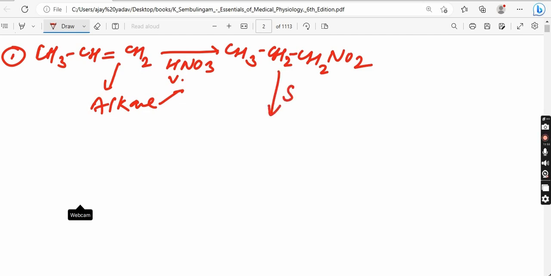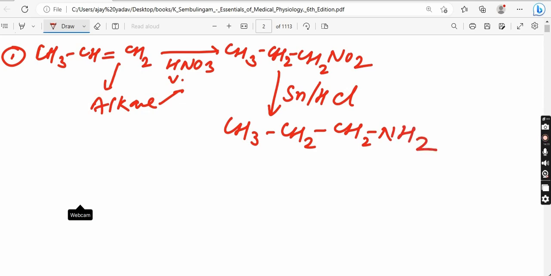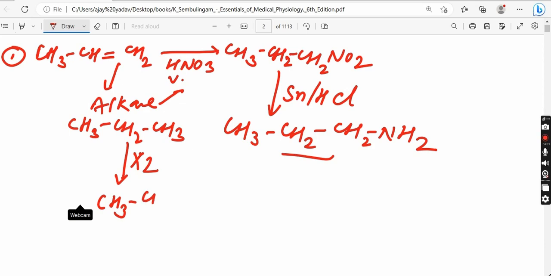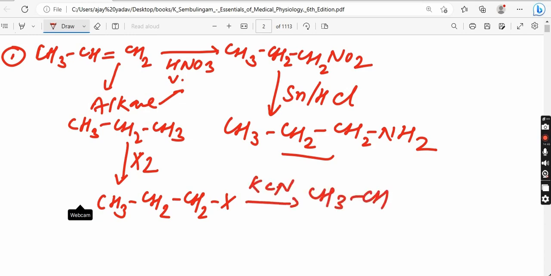From nitroalkane, if we reduce this one in the presence of Sn/HCl, this will produce CH3 CH2 CH2 NH2. This is your amine, right? From this alkane, that is your propane, CH3 CH2 CH3, we can react this with X2 to produce CH3 CH2 CH2X, and we react this with KCN, right, to produce CH3 CH2 CH2CN, right?